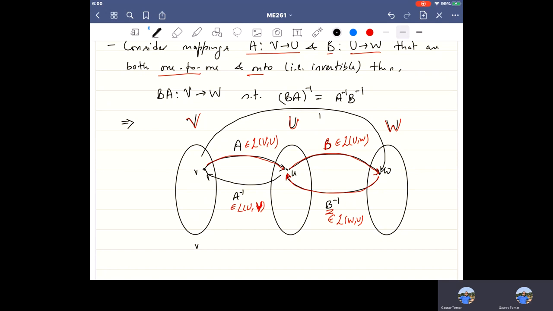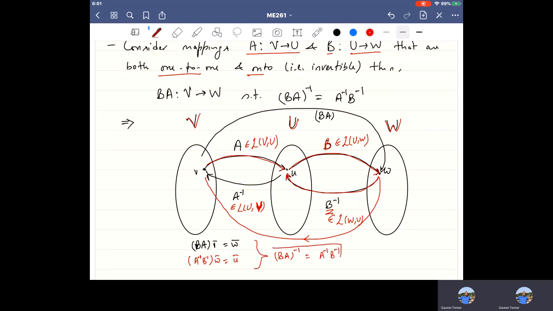So BA takes the vector V and gives you vector W. On the other hand, if you look at it from W, this is going to get mapped directly to V, and what you're doing is essentially A inverse B inverse, mapping W to U to V. So the inverse of BA in that case is going to be the same as A inverse B inverse.